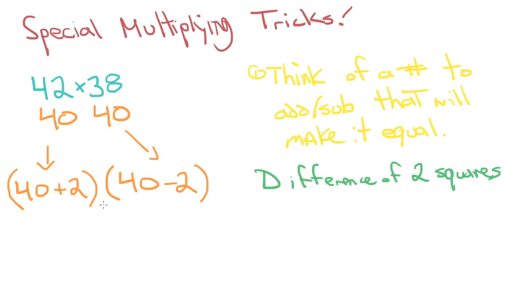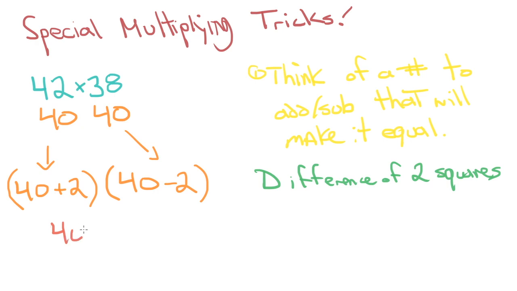Well, I'm going to do something really cool for you. If you notice that the numbers are exactly the same, except for your plus and your minus, you can use something called the difference of two squares.